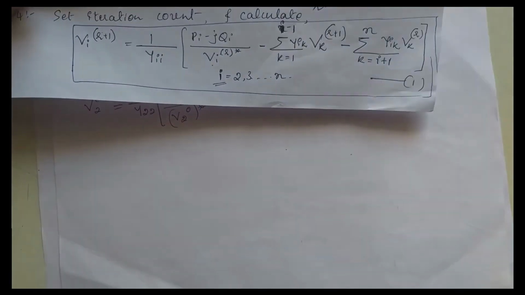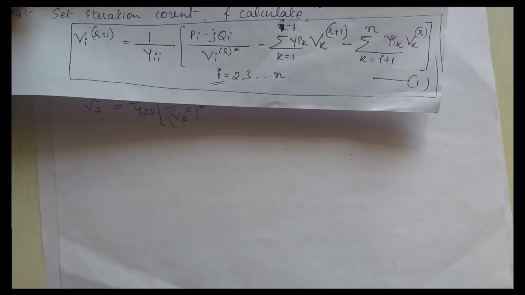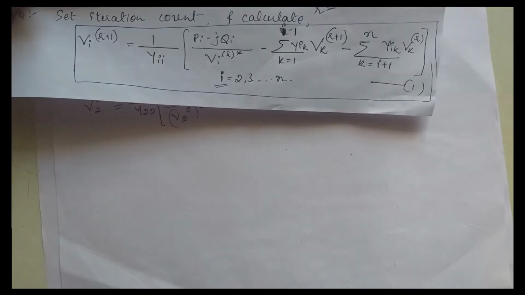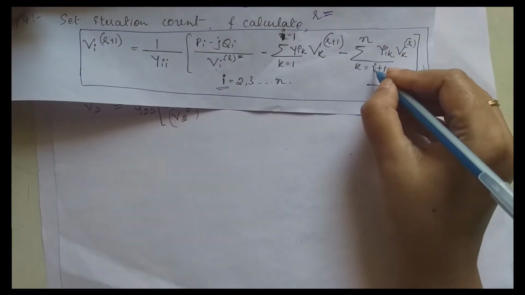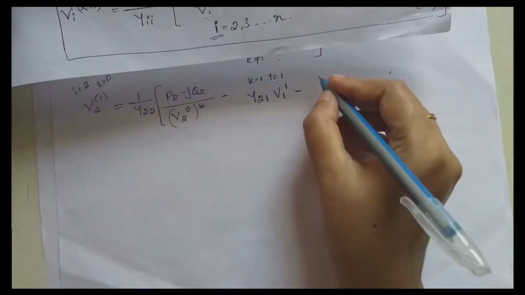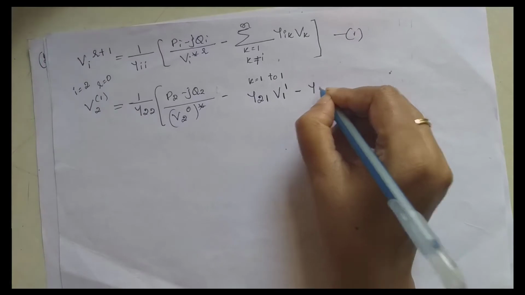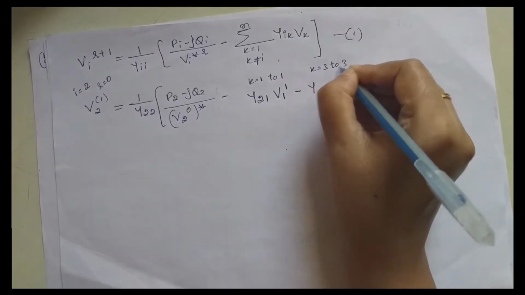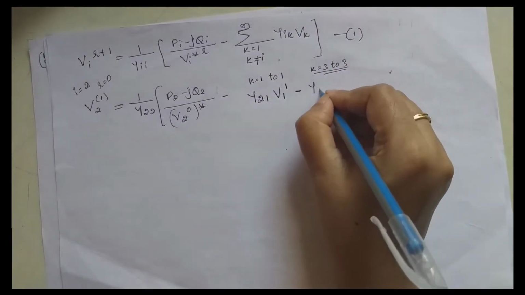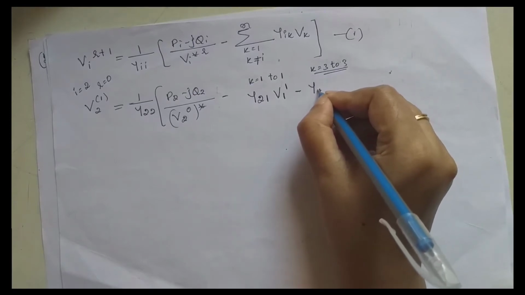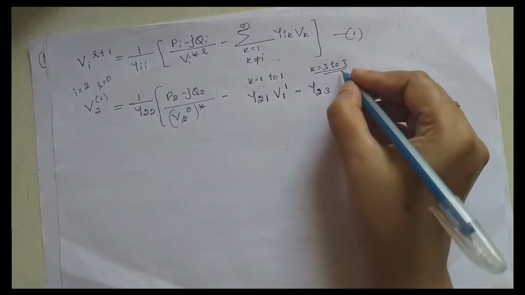And the given data says there are 3 buses: slack bus, PQ bus and PQ bus. So k varies from 3 to 3, only one parameter: Y23.